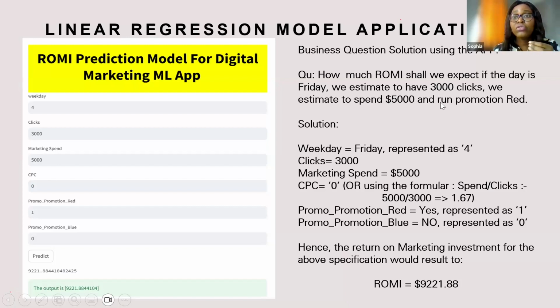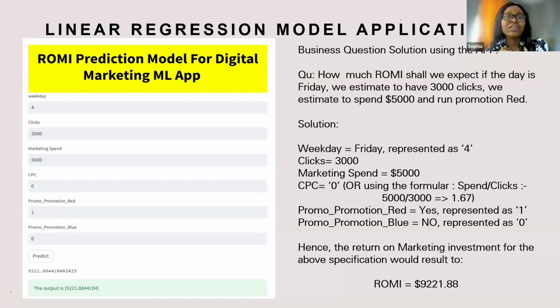So now it's specified that, assuming you decide to run promotion red, the company wants to know what is going to be the roaming if the marketing spend is £5,000 or dollars, and we estimated that 3,000 people click on the website to get the advert, and assuming it's on a Friday, what do we expect to get as roaming?